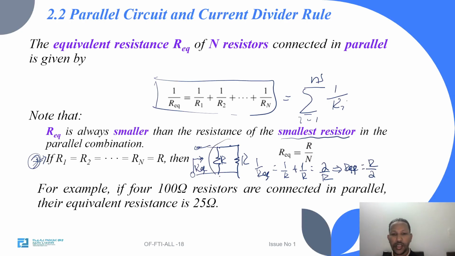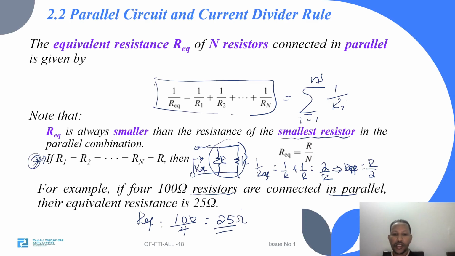As you can see here, the number of resistors connected in parallel is 2, and their values are the same. So their equivalent resistance will be one resistance value divided by 2. If four 100 ohm resistors are connected in parallel, their equivalent resistance R equivalent will be 100 over 4, which equals 25 ohm.